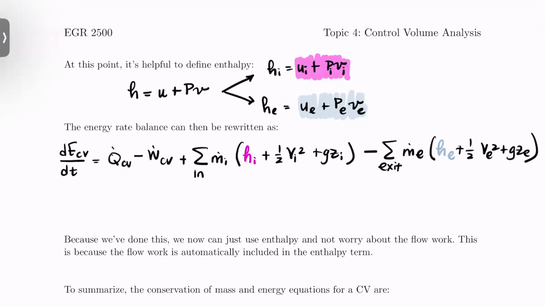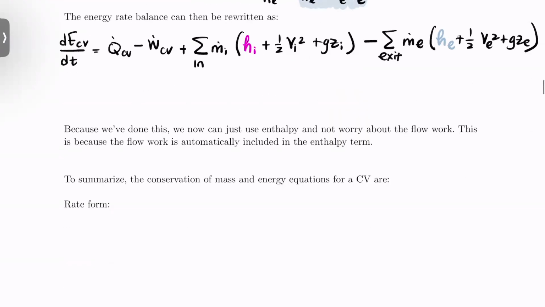Because of that, now we can just use enthalpy directly and not really worry ourselves with the flow work that's happening in this equation. It still exists, but it's just baked into the enthalpy. Any questions on the evolution of that equation? We're all having a delightful time. Okay.